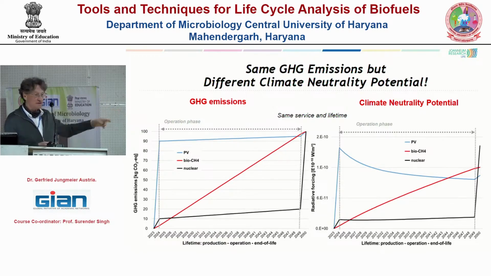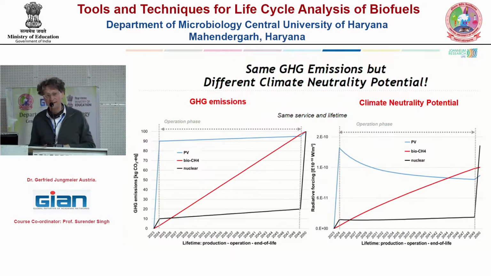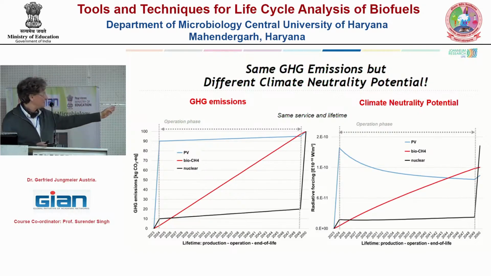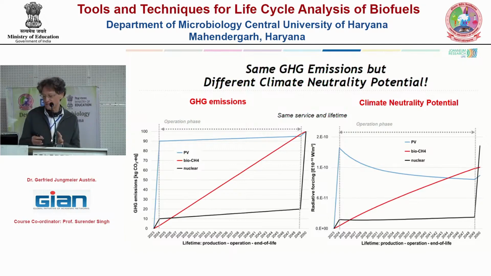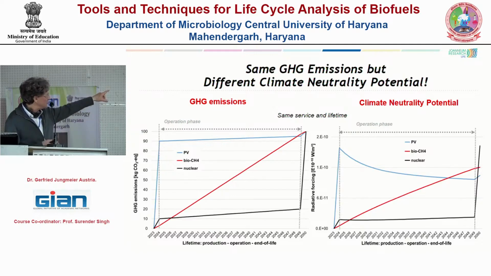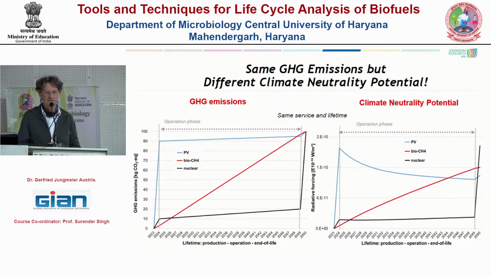And all three systems end up at the very end with exactly the same greenhouse gas emissions, assuming that during the operation phase they have the same service and the same lifetime. So these three systems produce the same amount of electricity. And if you only look at the greenhouse gases, you say all these systems have the same grams CO2 per kilowatt hour, because at the very end they have the same greenhouse gas emissions. So you find no difference.